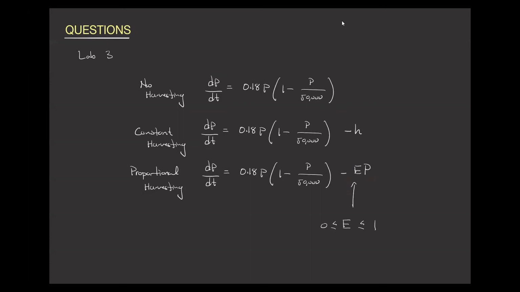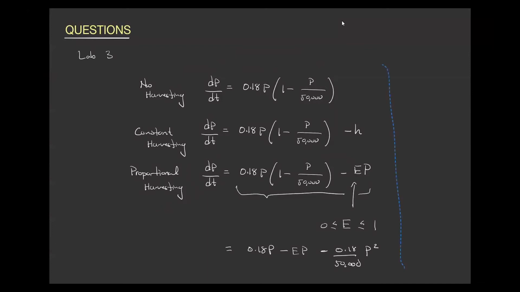So what you can do is rearrange this equation, and I think what you get is something to the effect of 0.18p minus e to the p, and then minus 0.18 over 50,000 times p squared.